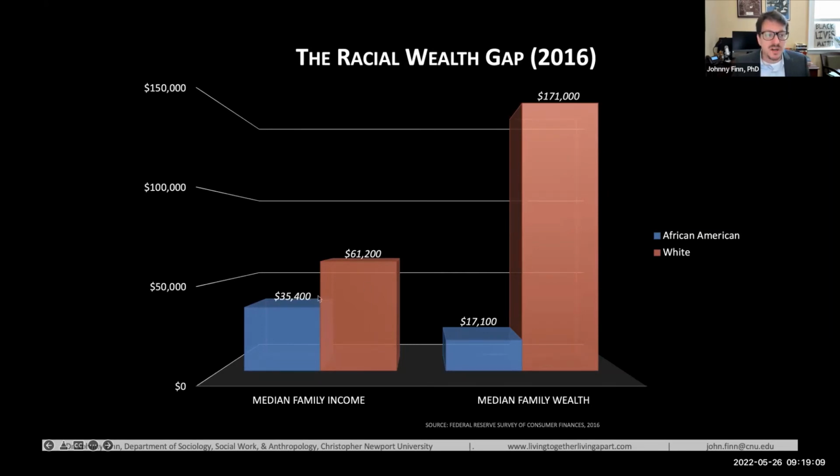What explains the difference between the 40% income gap and the 90% wealth gap, that expansion of the gap when you move from income to wealth, is explained almost exclusively by the long-term impacts of discriminatory housing policies.